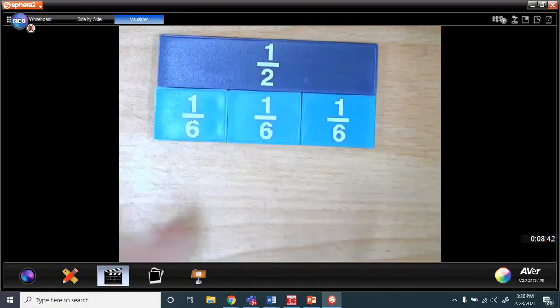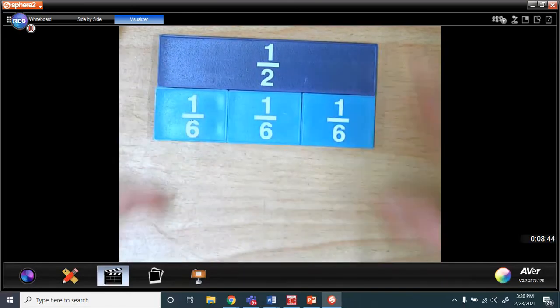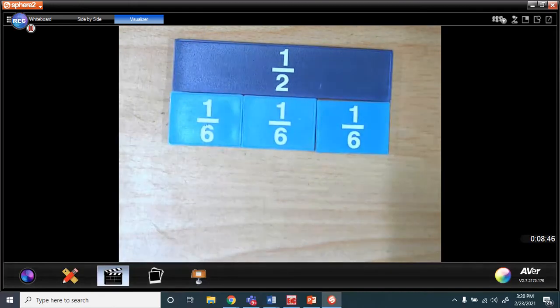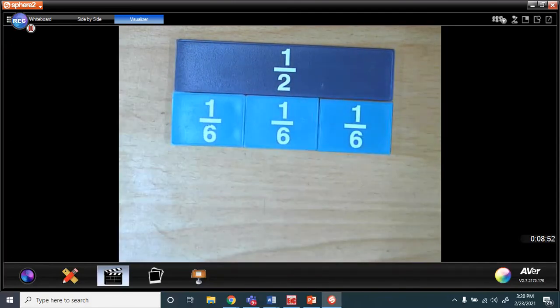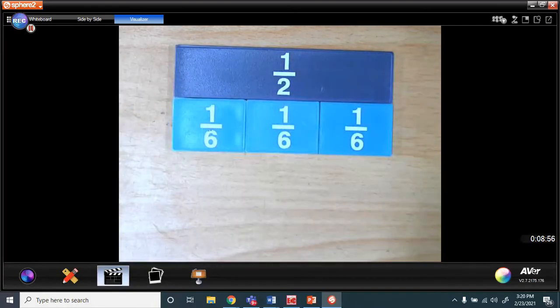So besides the 3/6, pull out your fraction strips and give me another fraction when you line them up that's going to be equal to half. Play around with those fraction strips a little bit today and see what you can come up with.